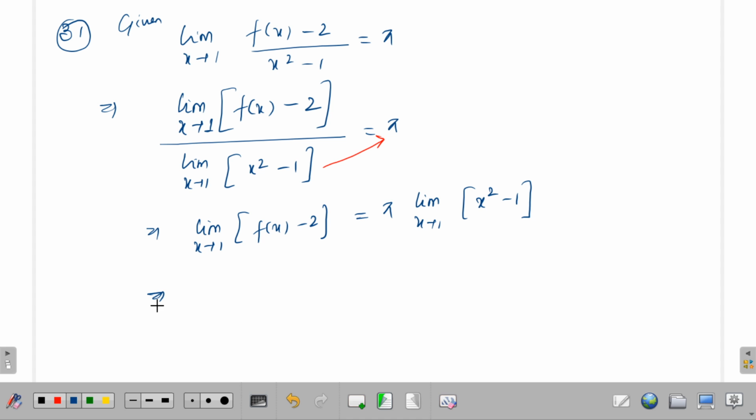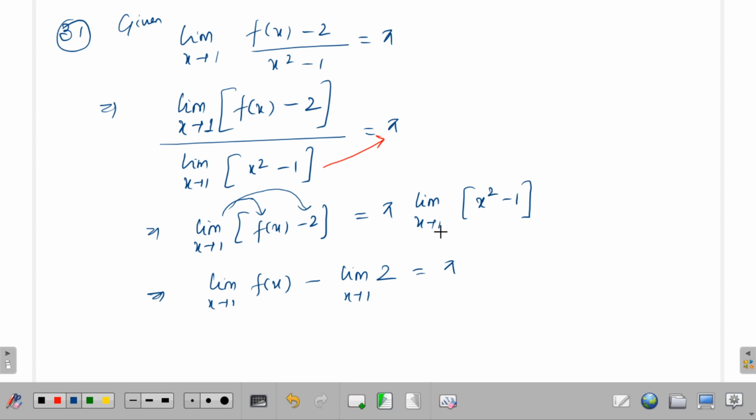Okay, so next step, I'm going to multiply this with this and then this with that. If I do that, I'll get the first one to be limit of x tends to 1 of f of x, minus, there is no x, so I can simply say that's nothing more than 2. Limit of x tends to 1 of 2. So I got pi.